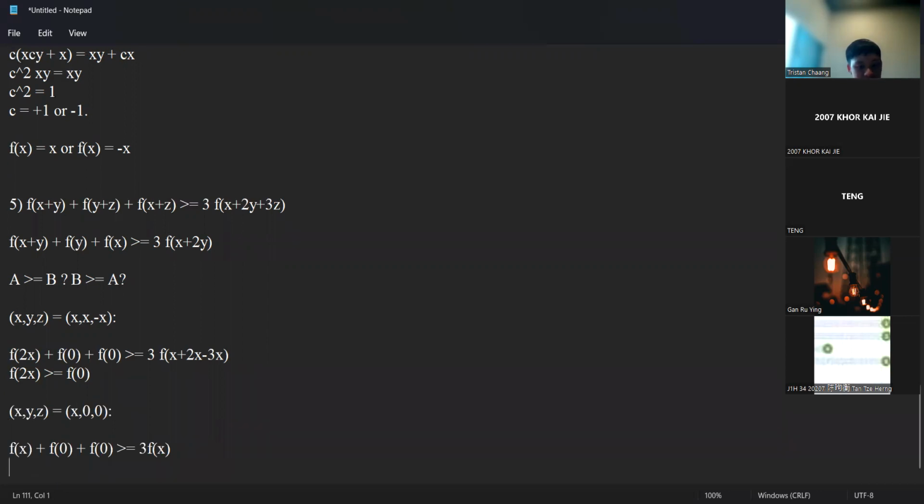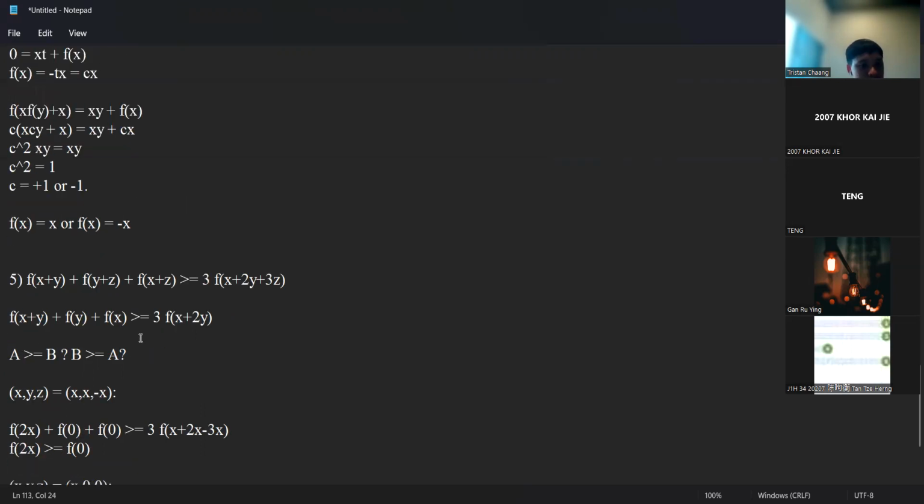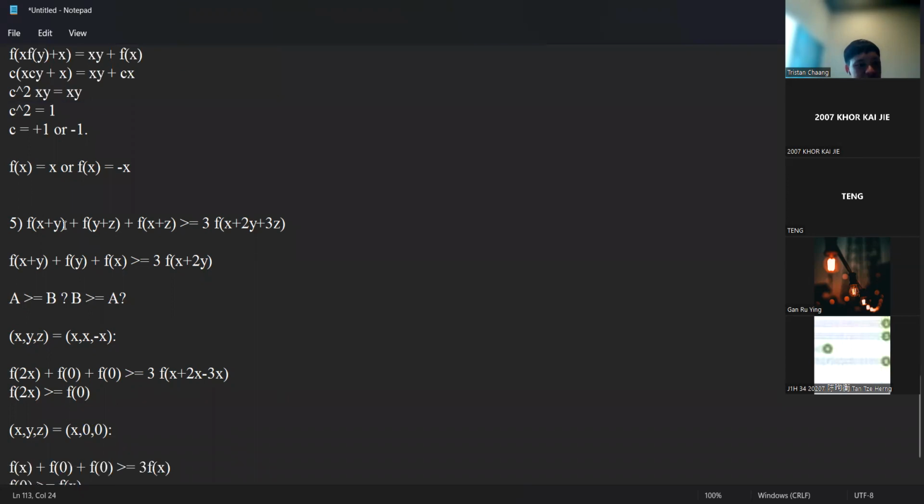And yes, indeed, f(0) is more than or equal to f(x). And therefore, f(x) is just f(0), so the constant function, c. And let's check if it works. So constant plus constant plus constant more than or equal to 3 times the constant. Yes, so that works.